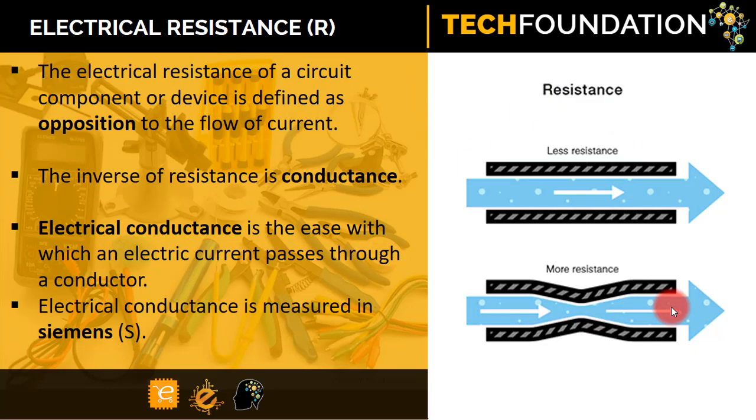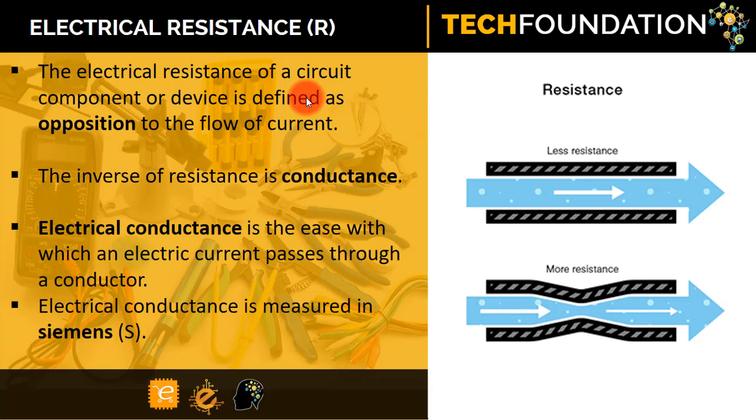Alright, so that is a few things you need to know about electric potential without getting confused about all the physics in there. Okay, so let's talk about electrical resistance. Resistance is the opposition to the flow of current. The higher the resistance of a wire or a component, the lower the amount of current that would be allowed to flow through it.